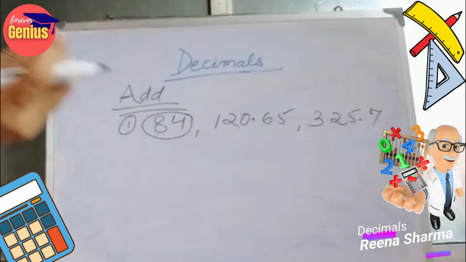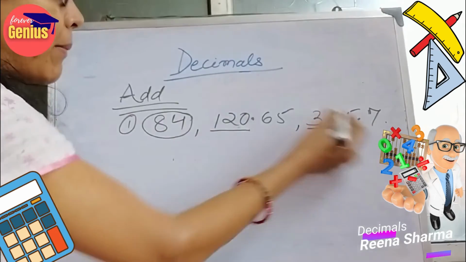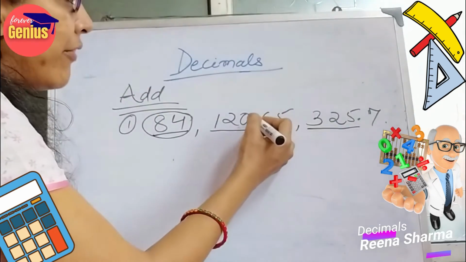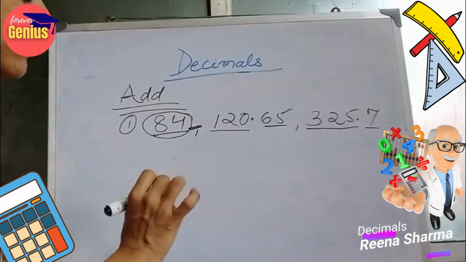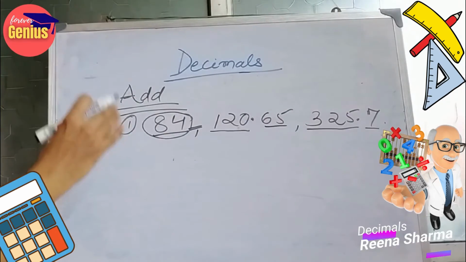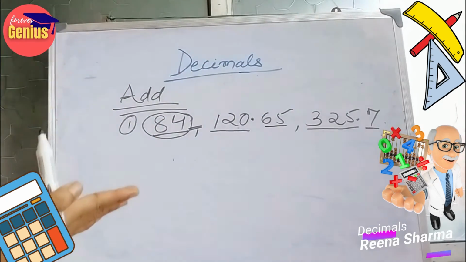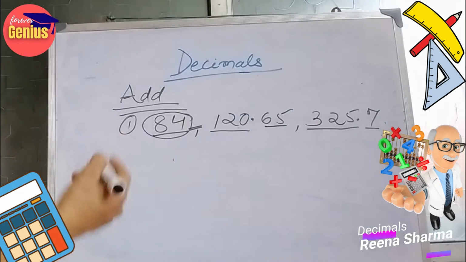But a very easy concept. This is a number, this is a number and this is a number. We have decimal after these two numbers, but here we do not have any decimals. So when we do not have any decimals, we will just write point and give the required number of zeros. What children do? Let me show you first.